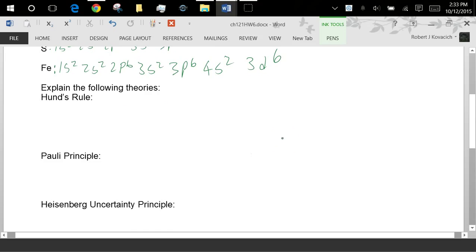What was Hund's rule? Which one was that? Electrons fill empty orbitals in the same sublevel before combining. Okay.